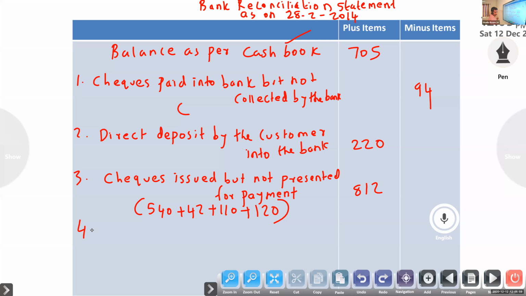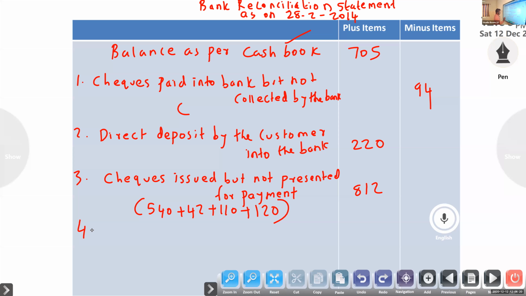Okay, here means payment given to Rajeshwar, but not entered in the cash book. So passbook decrease only. Payment given to Rajeshwar. Debited to Rajeshwar is given.